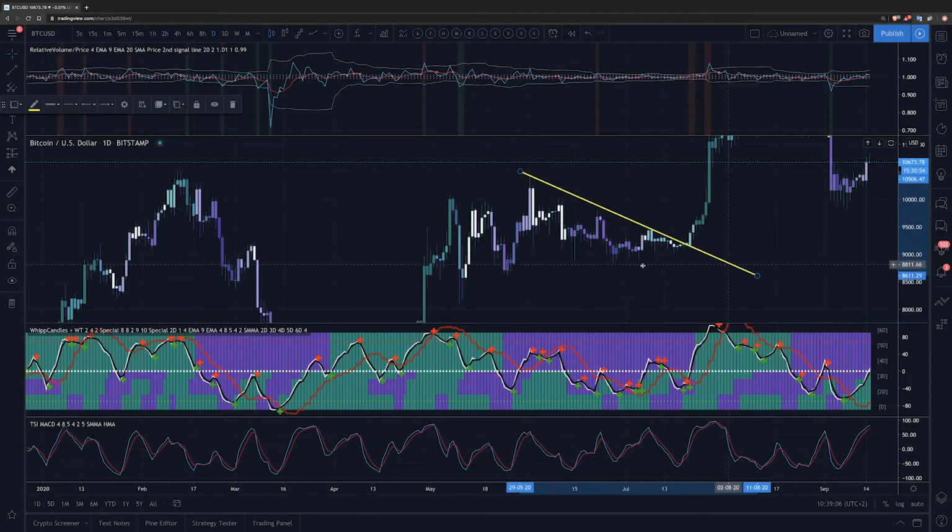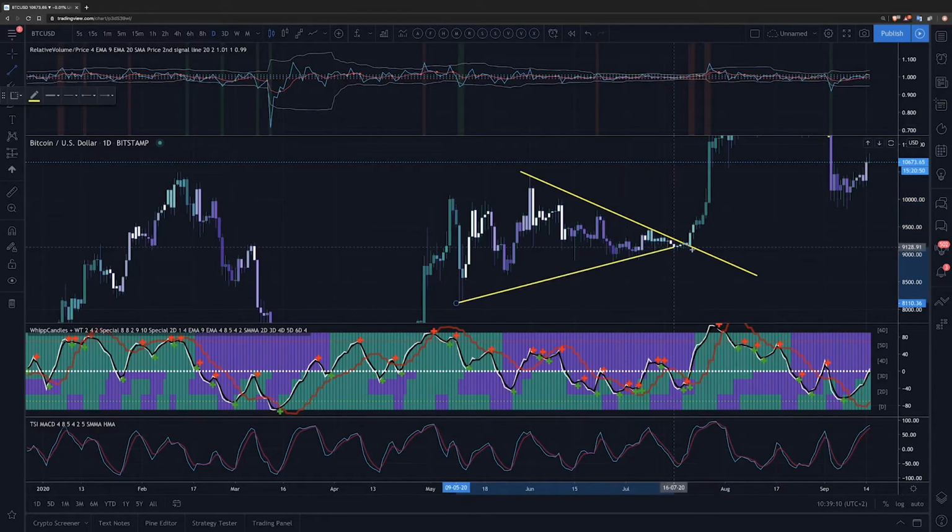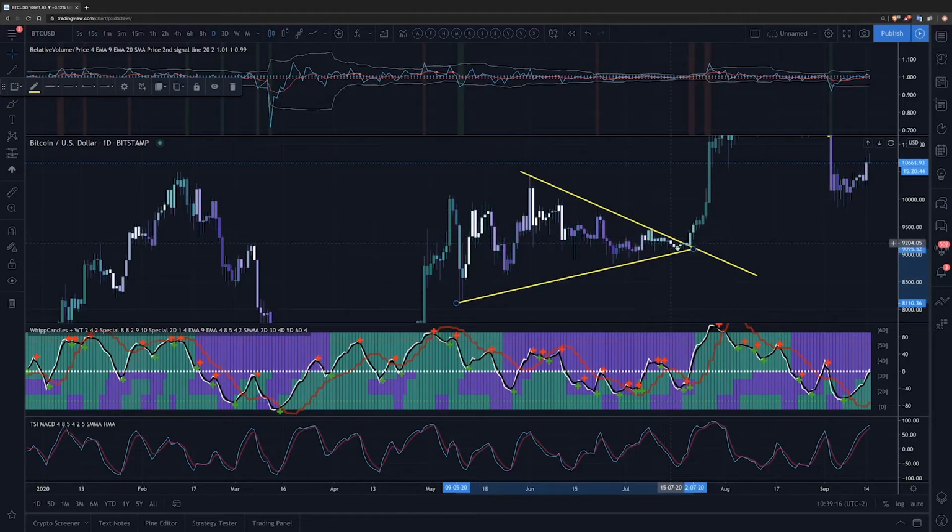Yeah, we've got a compression here. This is what I love about whip candles as well, using them in these situations where you have a compression of price, because the price started all to turn green here, and we have a breakout with green, which would identify to myself that we are looking extremely bullish.